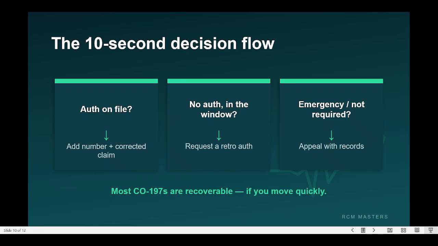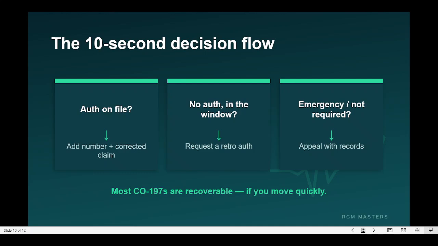Here's your decision flow for CO-197, the authorization denial. Is the authorization already on file? Add the number and send a corrected claim. No authorization obtained, but you are still in the payer's retroactive window?